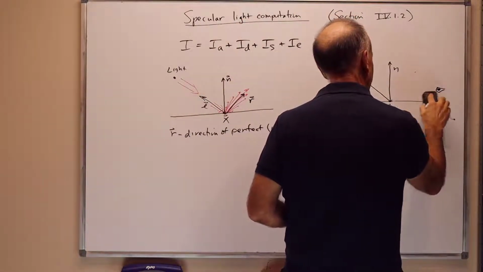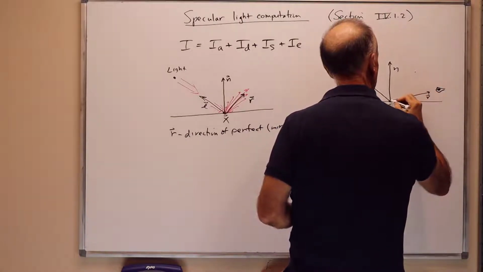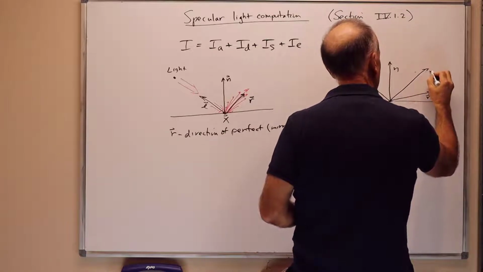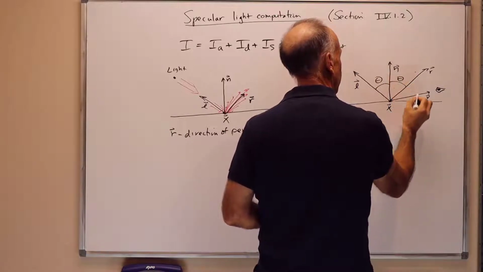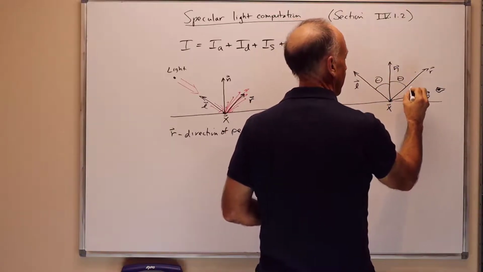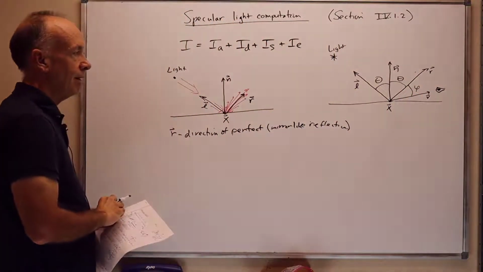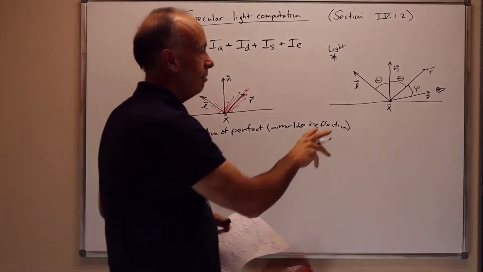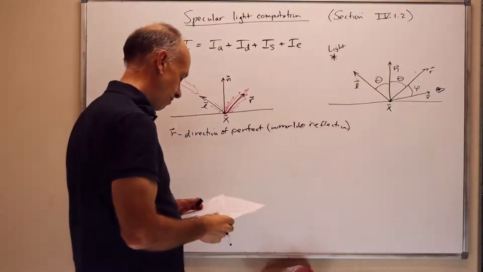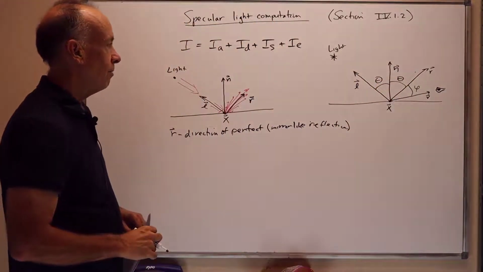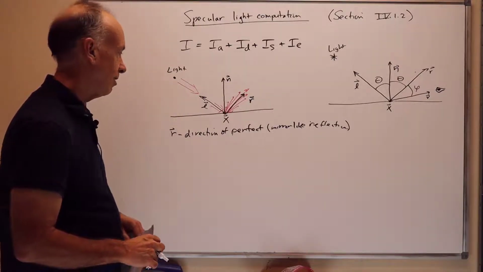All these vectors are supposed to be unit vectors. It makes the same angle theta with the normal vector that L does. And we also call the angle between R and V phi. These may not all be coplanar vectors, but certainly L and N and R are, because they're reflecting across each other. So for the first part of the computation, let's discuss how to compute the direction of perfect reflection R.